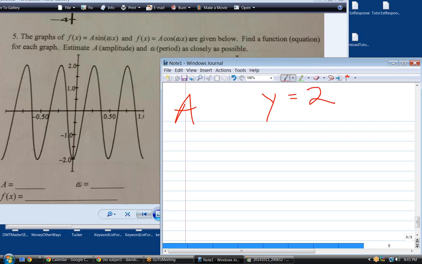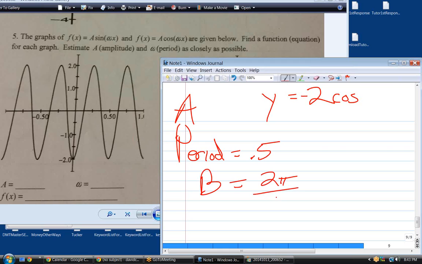It looks like a cosine curve. Negative cosine curve, maybe? Yeah, negative cosine. Okay, and what's the period that we're looking at here? Looks like 0.5. So what is B?